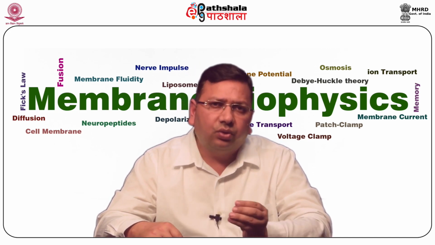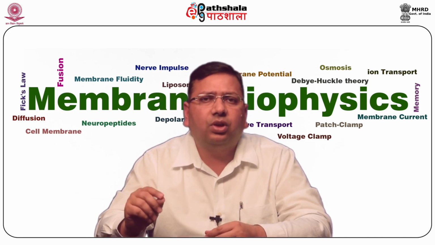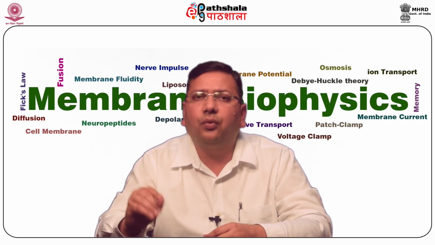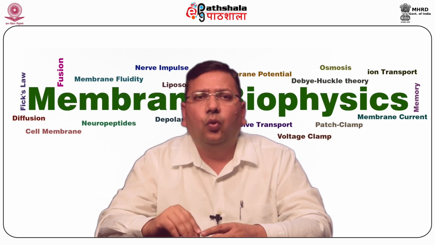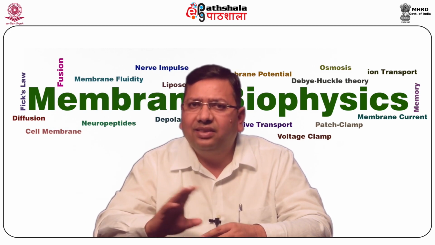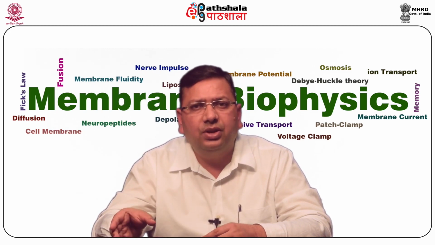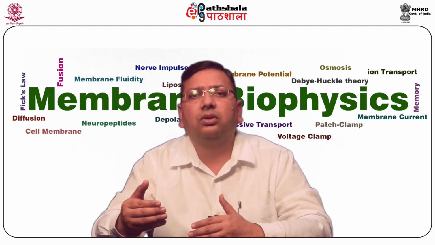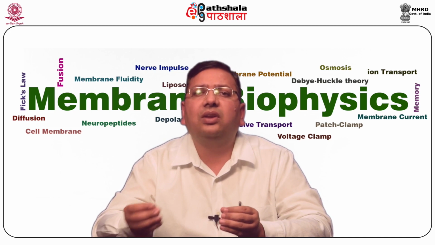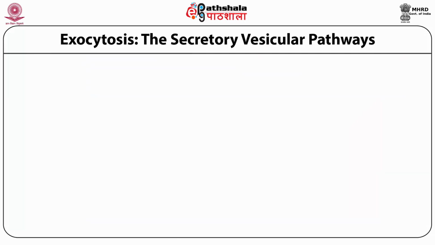Moreover, exocytosis is responsible for the transmission of a signal from one cell to another, which occurs by the secretion of neurotransmitters into the synaptic cleft in response to the arrival of an action potential.